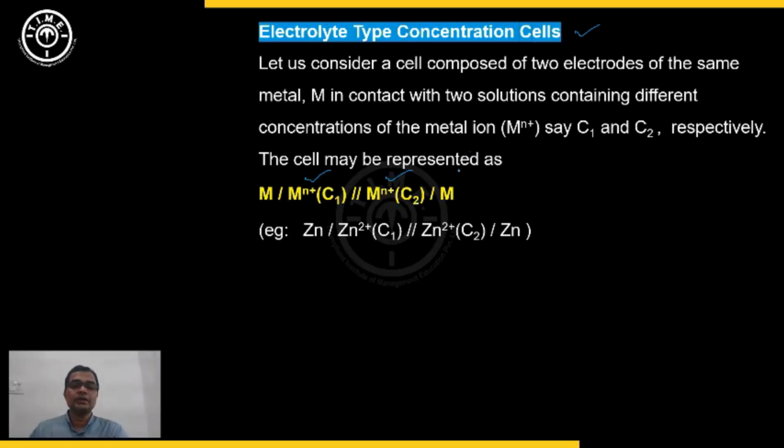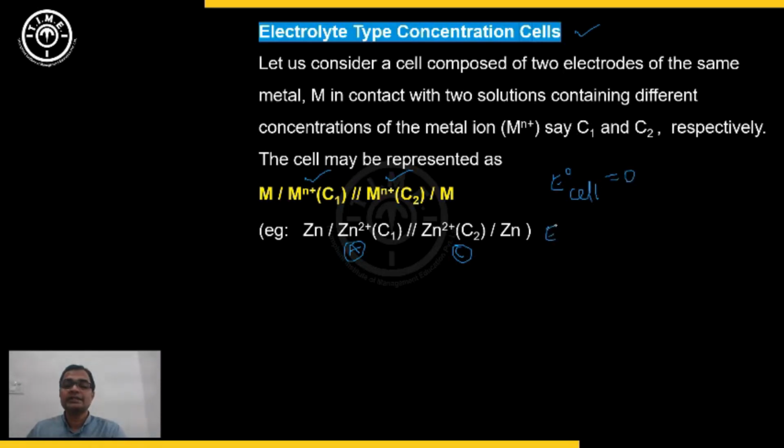For example, here two zinc electrodes are taken, and the Zn2 plus ion, aqueous zinc sulfate concentrations are different. One is at C1, another one is C2. Left hand side acts as the anode, right hand side electrode acts as the cathode. For any electrolyte type concentration cell, E naught cell value is always 0.